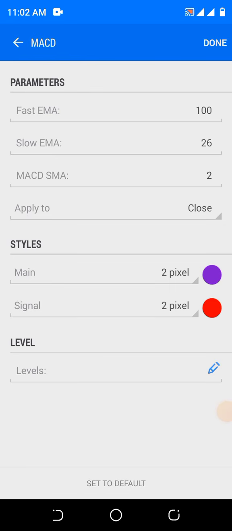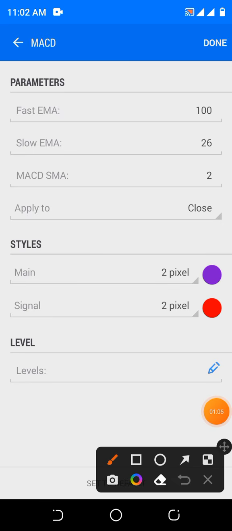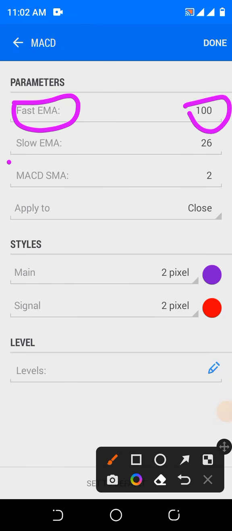Now here are the setups for this MACD. The fast EMA is 100. The slow EMA is 26. MACD SMA is 2. Do you understand?